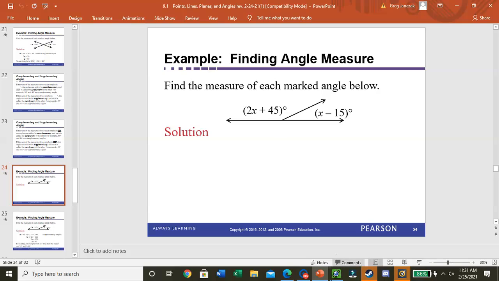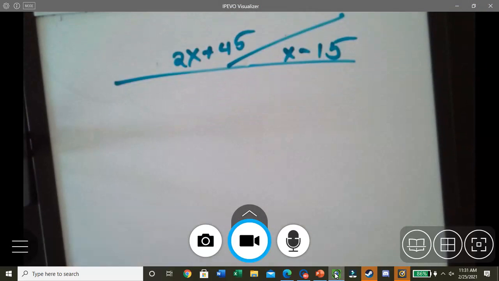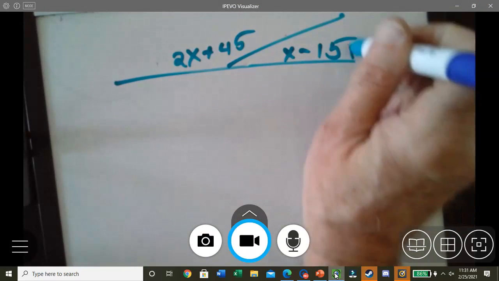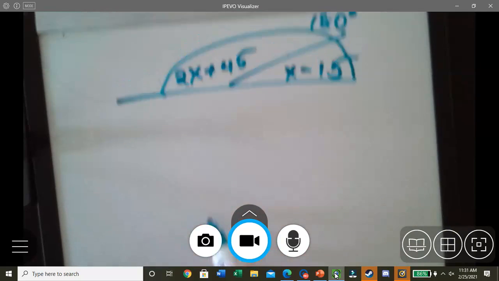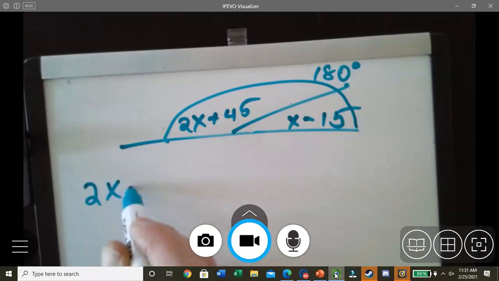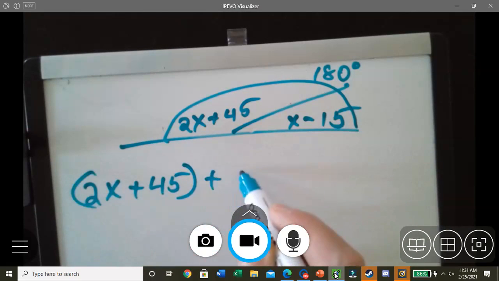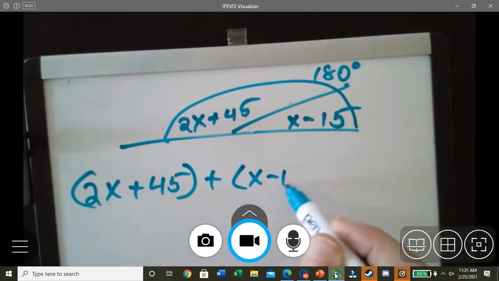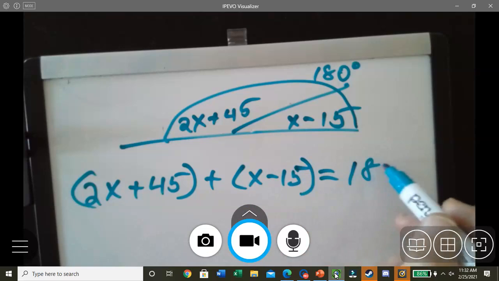Okay, so here's our board. So since these two angles add up to 180, right, then we could say 2x plus 45 plus x minus 15 equals 180.